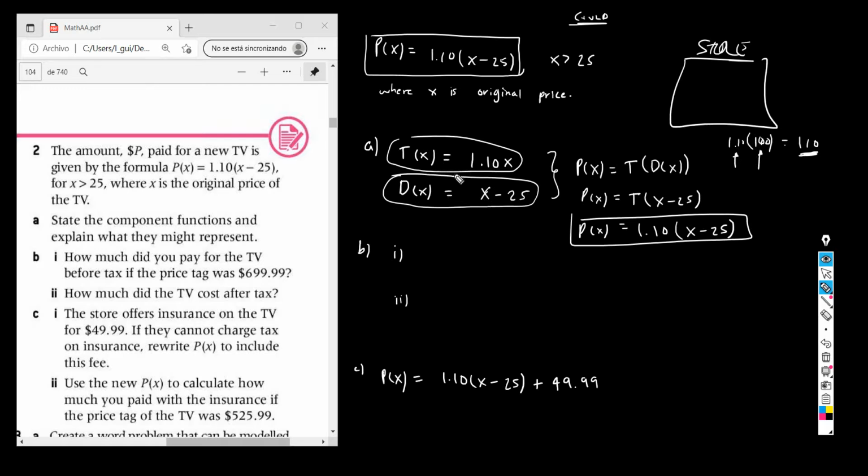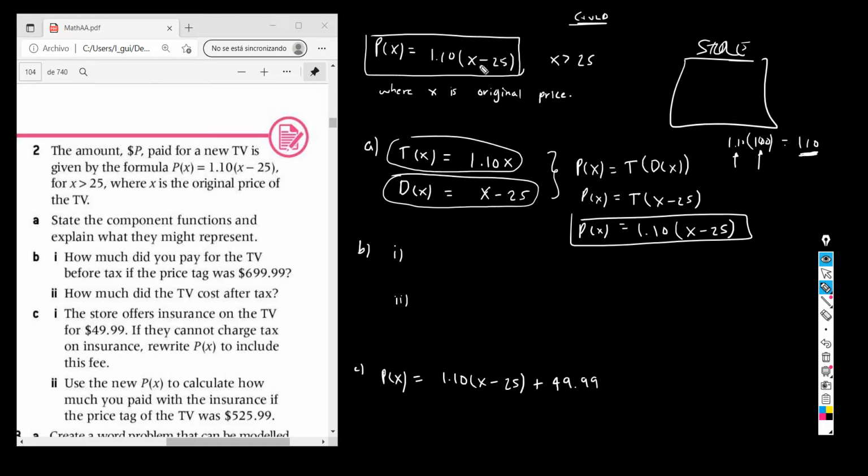So these are the interpretations that I'm giving to t of x and d of x, these component functions. In the end, how much are you going to pay when you buy a TV whose original price is x? The first thing the owner of the store does is make the discount of $25 over the original price.